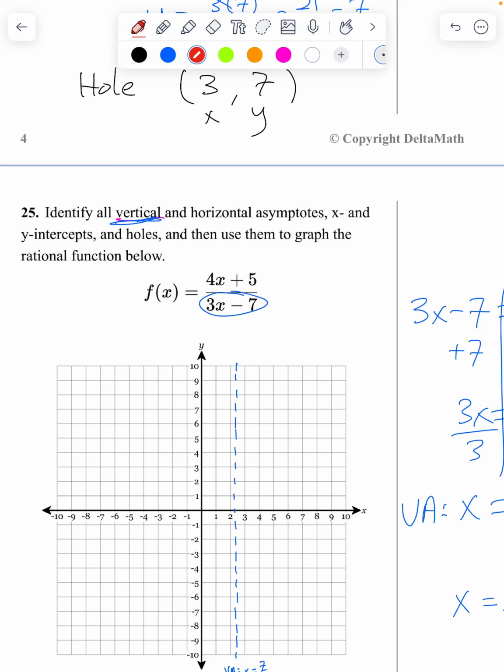If I look at horizontal, I'm looking at the highest power of x, which in this case is just plain x itself. There's 4 of them on the top, and there's 3 on the bottom. So my horizontal asymptote should be y equals 4/3, or that would be 1.3 repeated.